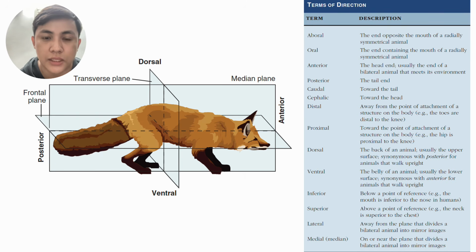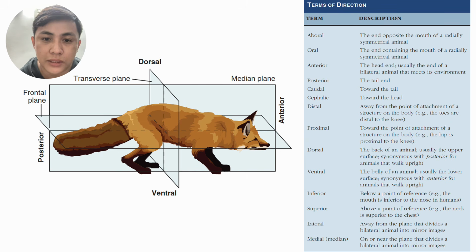Dorsal versus ventral. Dorsal, the back of an animal, usually the upper surface, synonymous with posterior for animals that walk upright or on two legs, while ventral, the belly of an animal, usually the lower surface, synonymous with anterior for animals that walk upright or on two legs. Inferior versus superior. Inferior, below a point of reference.